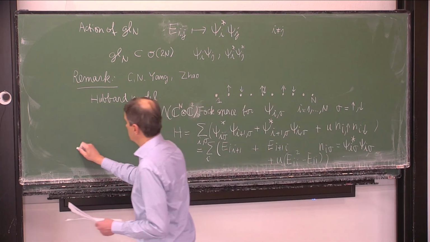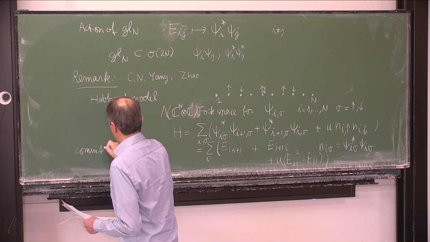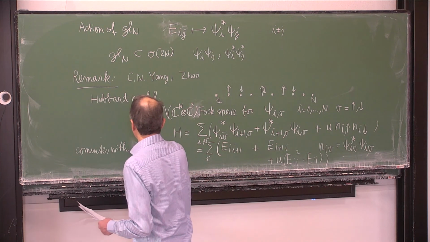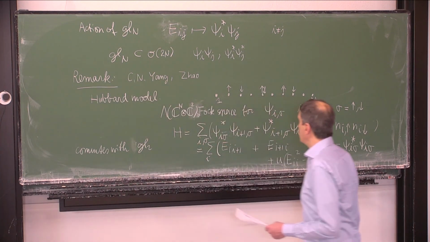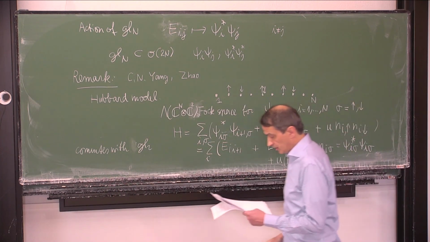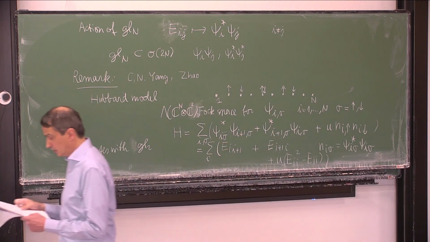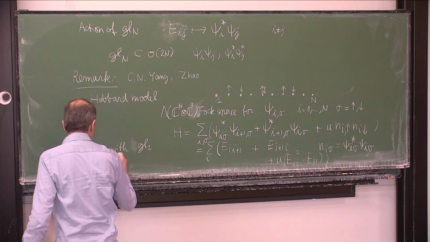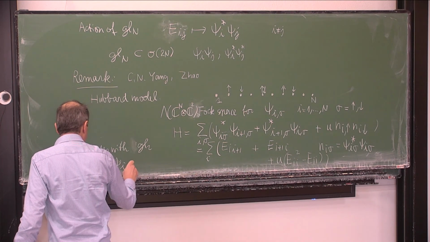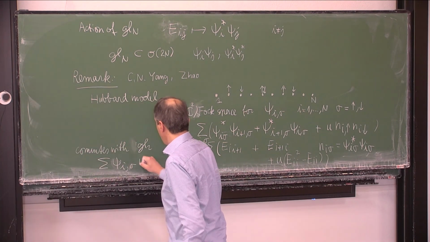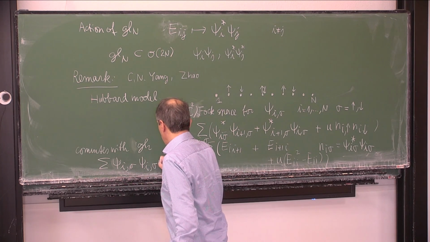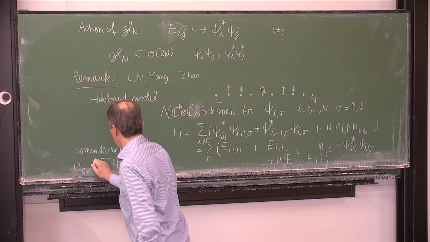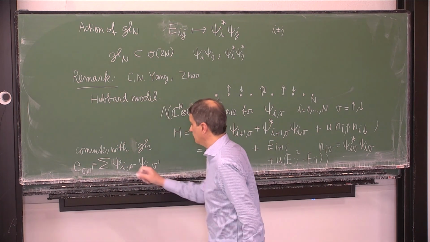And GL2 is given by some sum over i of psi i sigma star psi i sigma prime, maybe I will call it small e sigma sigma prime, generated by this.